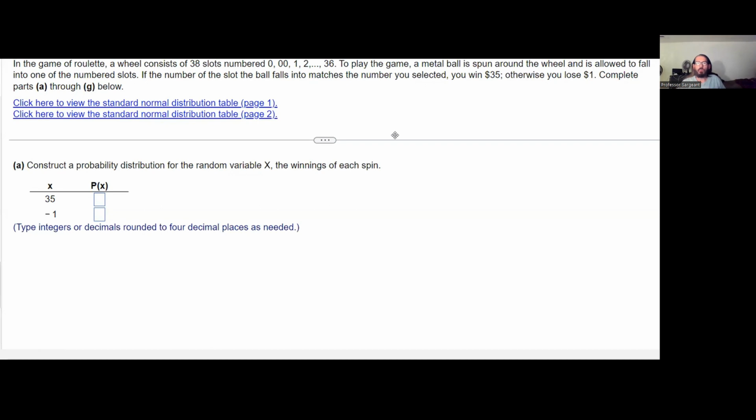If the ball falls into the slot that matches the number you selected, you win $35. Otherwise, you lose $1. Okay, let's see here. You're only picking one number.